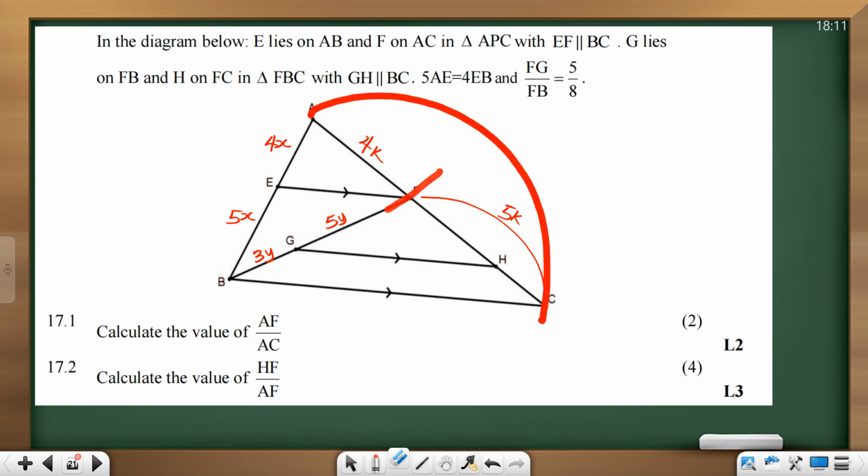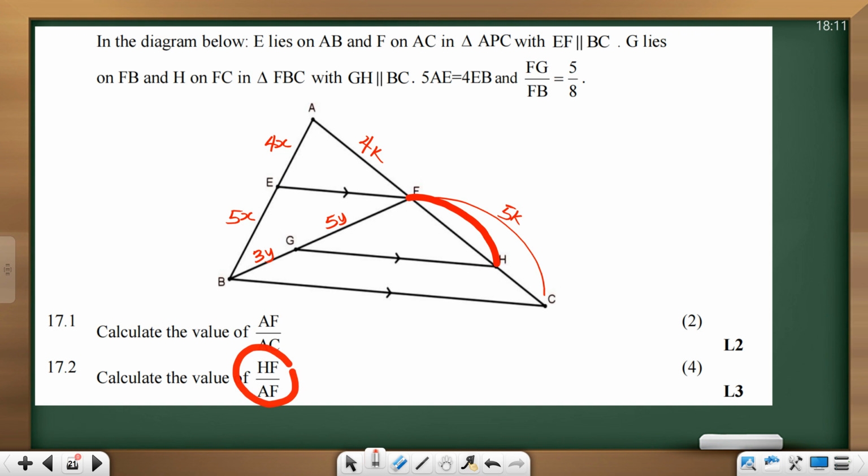Now what are we looking for? HF over what? AF. HF, there's a problem. Ooh, this is exactly the things I'm looking for. I'm loving this. There's a problem. HF, okay, I do know AF, right?